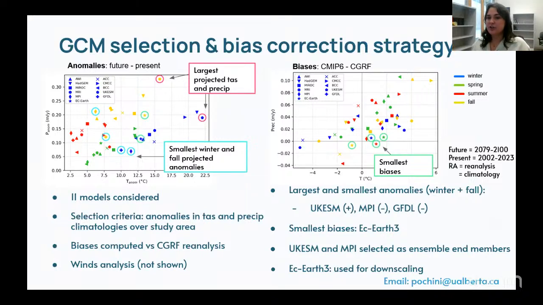Using this, we're running future prediction scenarios with our two end members and EC Earth 3 as our middle member to look at future changes in this region. I don't have any results now because this is ongoing, but it is one of the projects that we've been working on.